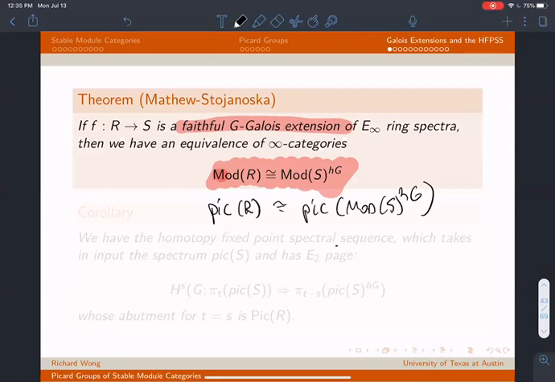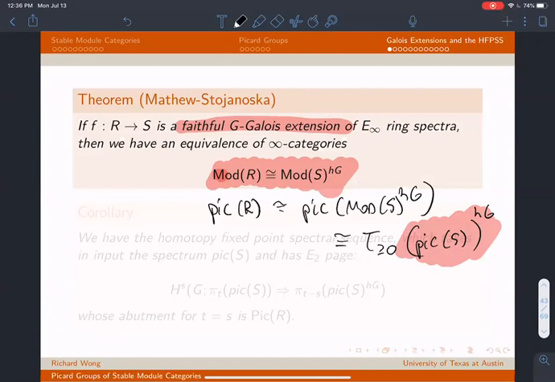And so we get that this is equivalent to the positive part of the Picard group of S to the HG. So what this is telling us is that if we can compute the homotopy groups of the G homotopy fixed points on Pic S, then we can recover the Picard groups of R.